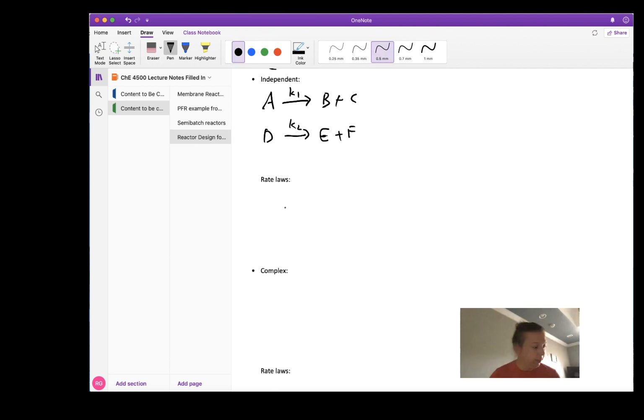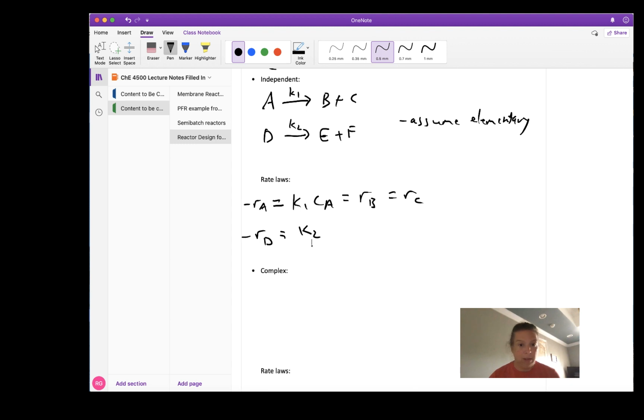So for the rate laws for the different species here, and again we're going to assume elementary, minus Ra is going to be equal to k1 Ca, and this is going to be equal to Rb and equal to Rc. And then we would say that minus Rd is equal to k2 Cd, which is also going to be equal to Re and Rf.